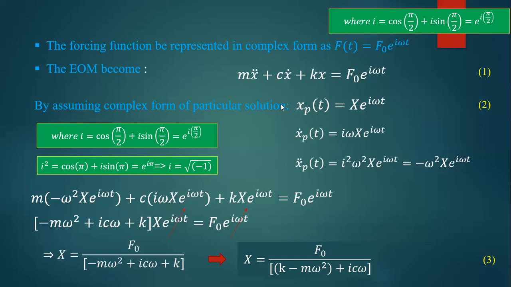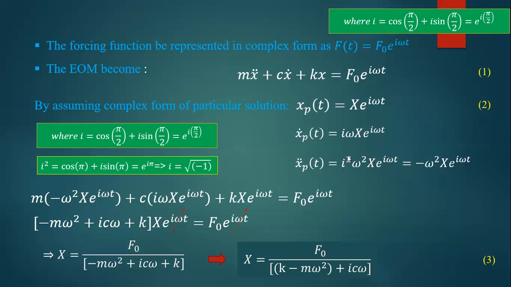Successively differentiating this equation, we have x dot particular of t, the velocity term representing the viscous damping, which is equal to i omega X e to the power of i omega t. Then the acceleration term for the inertial component, x double dot particular of t, is equal to i square omega square X e to the power of i omega t.